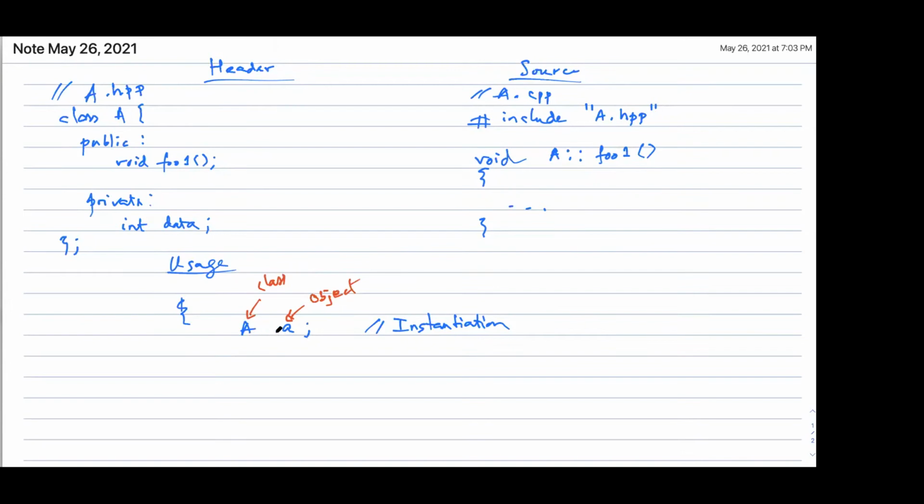So when you do this, it is called static instantiation. Static because it is going into the stack memory. So static instantiation means the objects are allocated in the stack part of the memory.